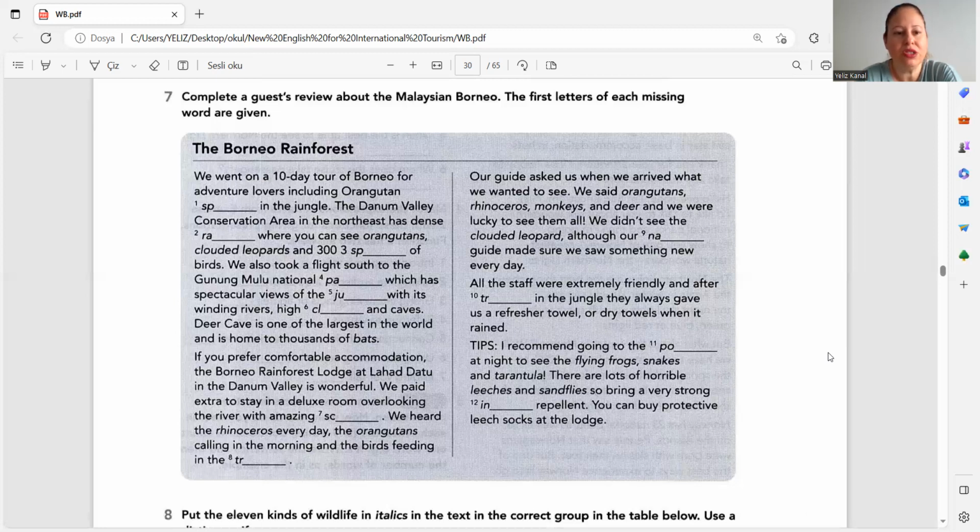The Danum Valley Conservation Area in the northeast has dense blah blah, where you can see orangutans, clouded leopards, and 300 blah blah of birds. All right, first let's do the second empty space. The missing word has R and A as the first two letters. Is dense.